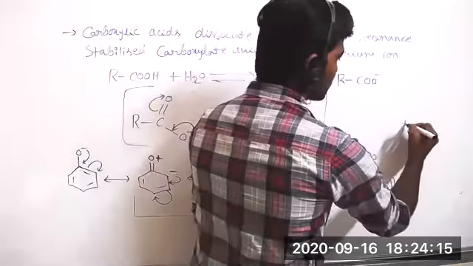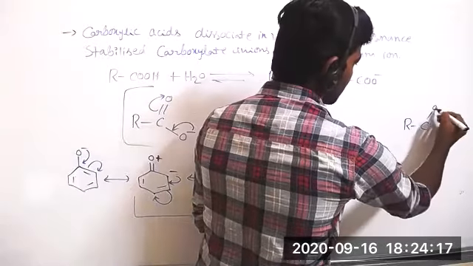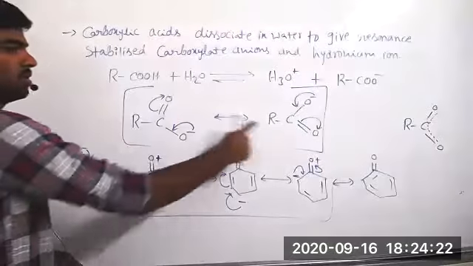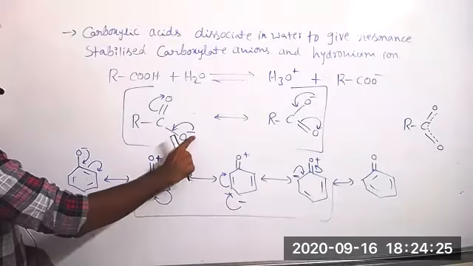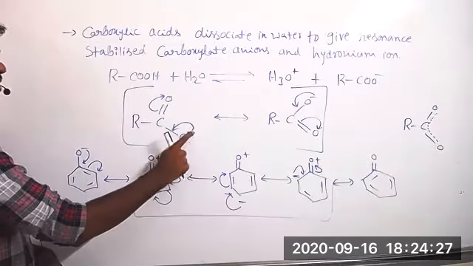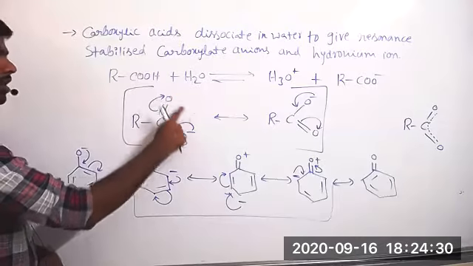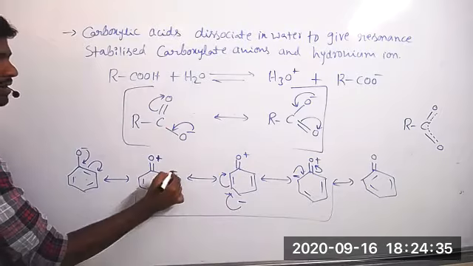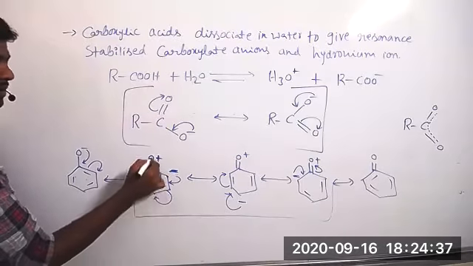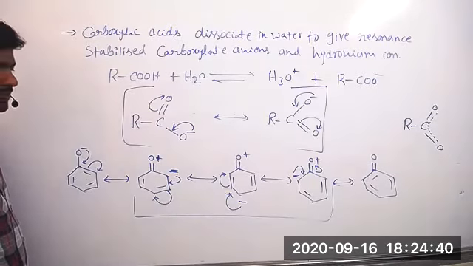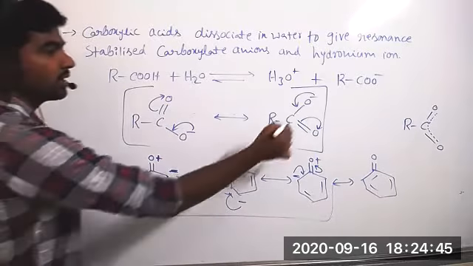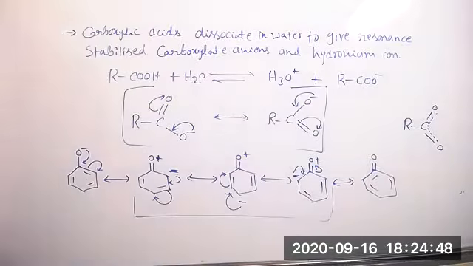In the carboxylate ion, observe these two structures: the negative charge, the electron density, moves only on oxygen atoms, either this position or this position, not on carbon. But in the phenoxide resonance structures, electron density is on carbon atoms rather than oxygen. So compared to the phenoxide ion, the carboxylate ion is more stable. Obviously, carboxylic acid is more acidic than phenol.